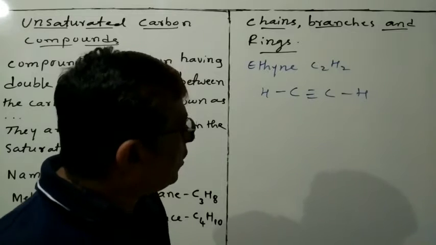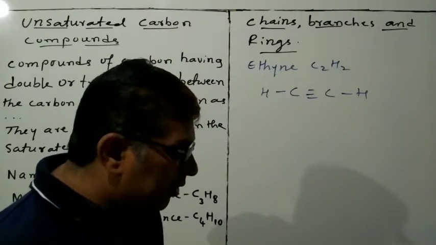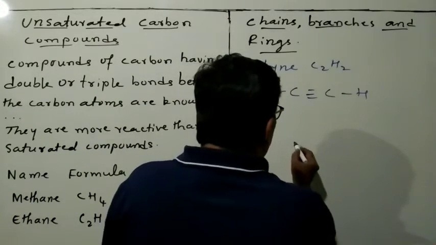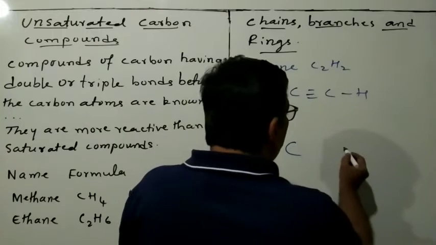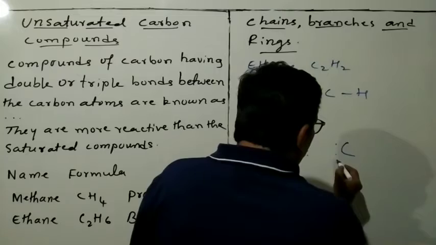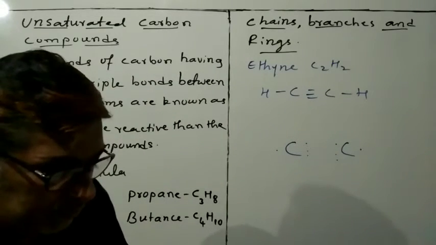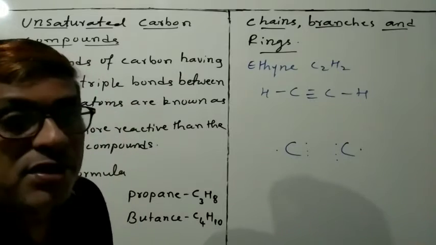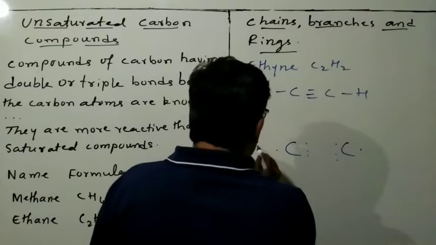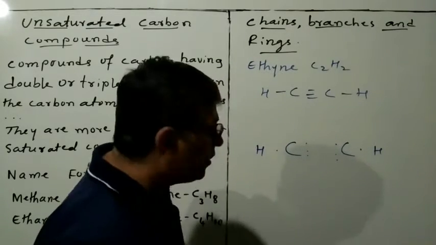Now we will see the electron dot structure. So what is the electron dot structure? Look here now. Like this, two carbon atoms and a triple bond. So like this we can show, and one is here and one is here. Now place hydrogen here and here.